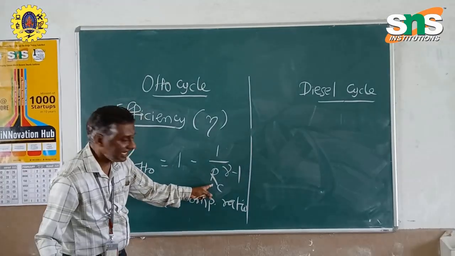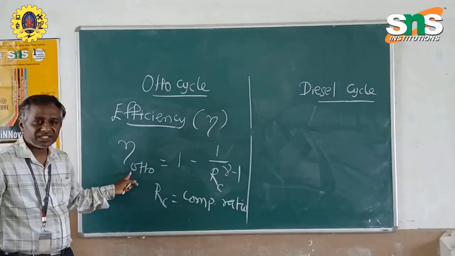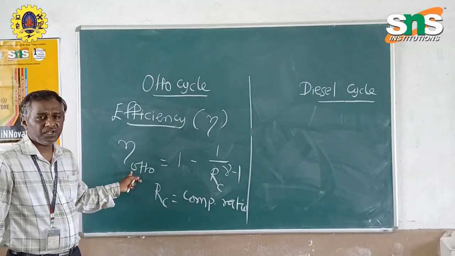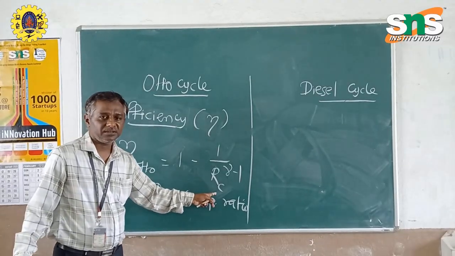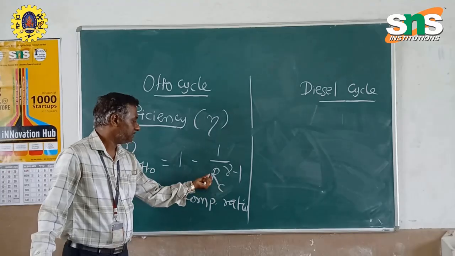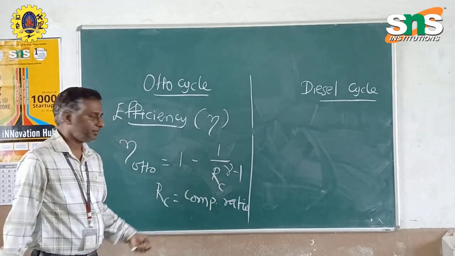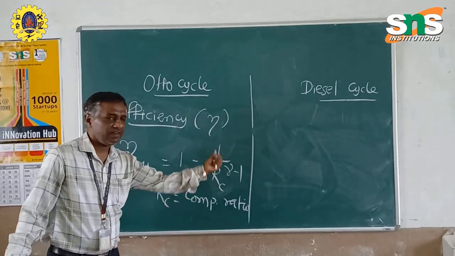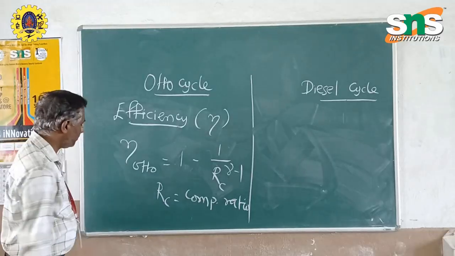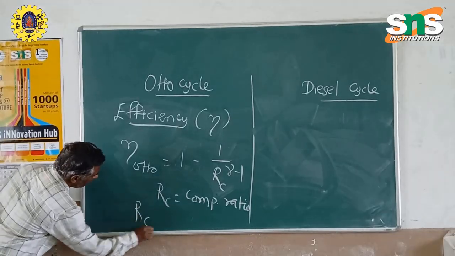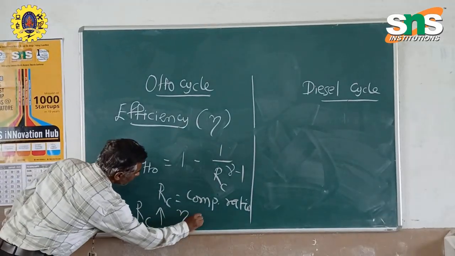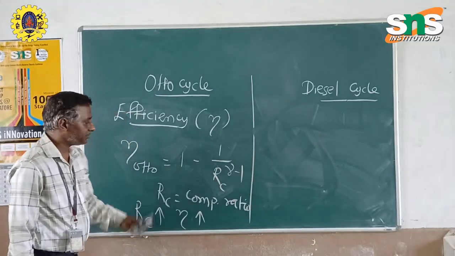If the value is higher, the Otto cycle efficiency is higher. Generally it should be greater than 1, so 1 by this term will be less than 1, so you get a higher value of 1 minus that. So when RC is higher, the efficiency is also higher for the Otto cycle.